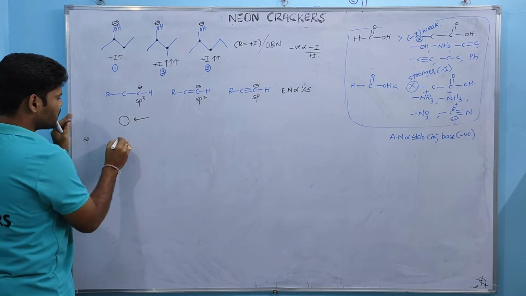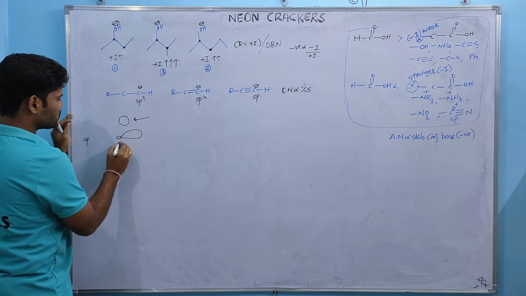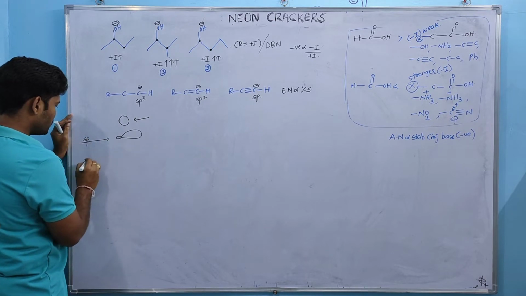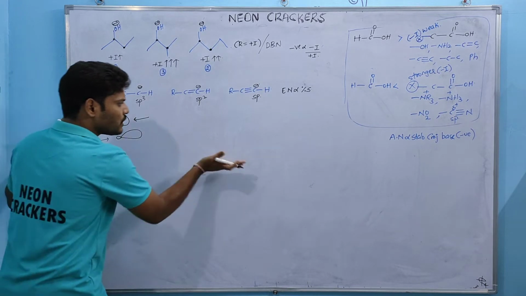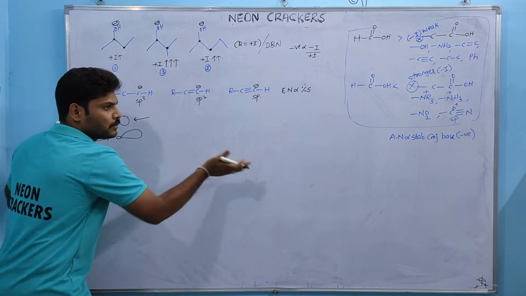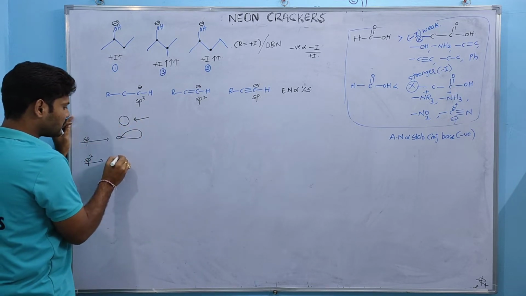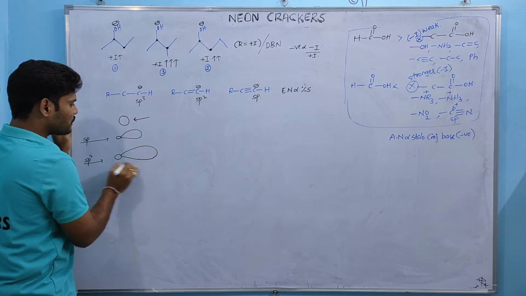Now the next one is sp hybridization. Here is the p orbital, and the s orbital is mixed, so this is sp hybridization. What about sp2? The p character increases. The p orbital is dumbbell shaped and less penetrated compared to the s orbital. If the p character is increased, the bond length is increased and the size of the orbital is increased.